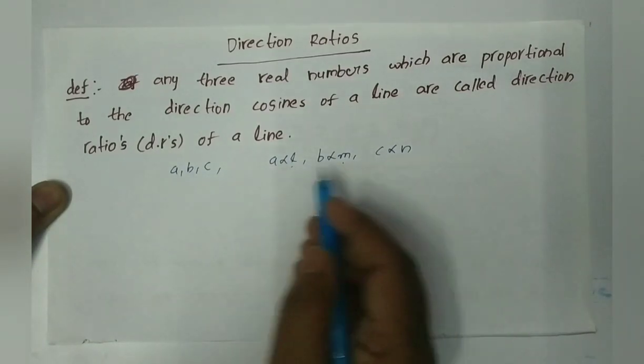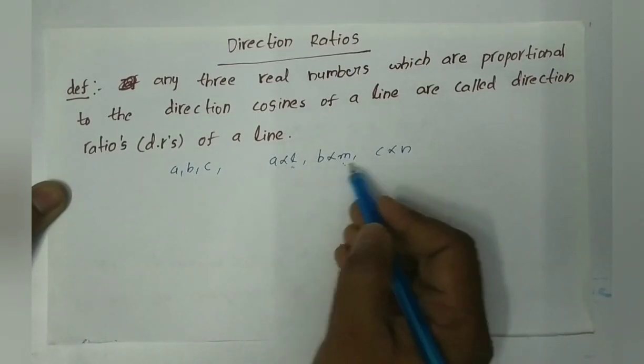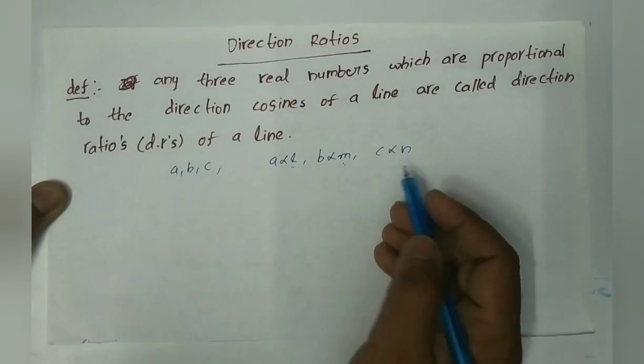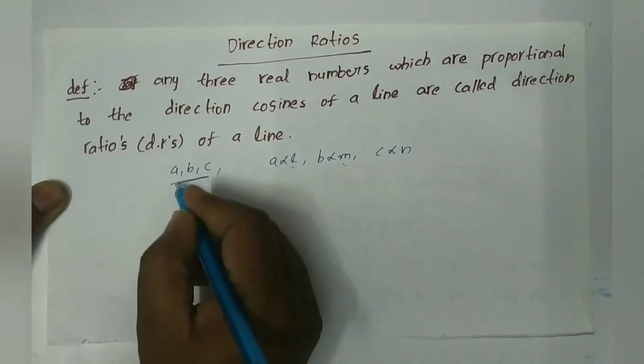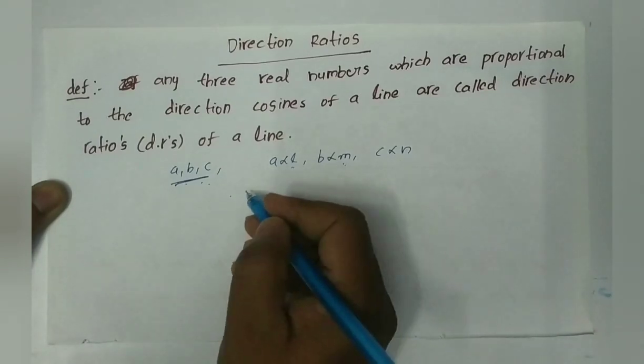Here l, m, n are the direction cosines of the line. That means a, b, c are three real numbers proportional to the direction cosines of the line, so we call a, b, c the direction ratios of the line.